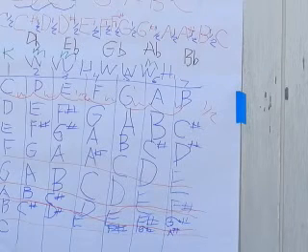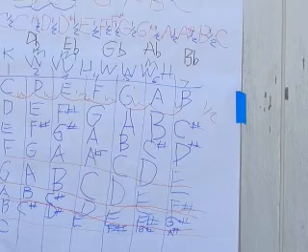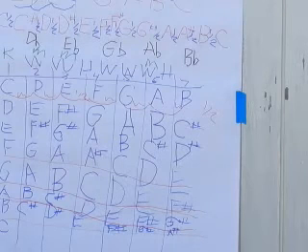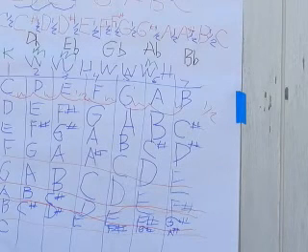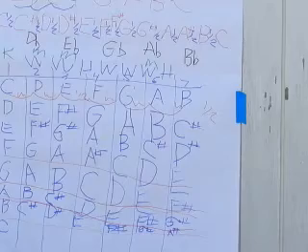Seventh column, you don't play the seventh column, because if you played anything in the seventh column when you're in that key, it would sound really funny. It wouldn't sound proper in the scale. So let's wipe out the seventh column.